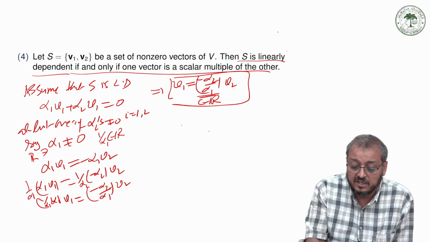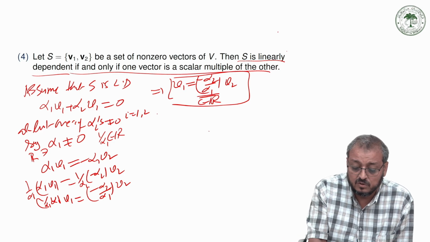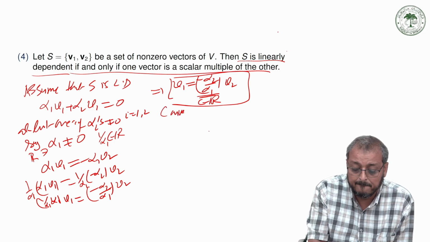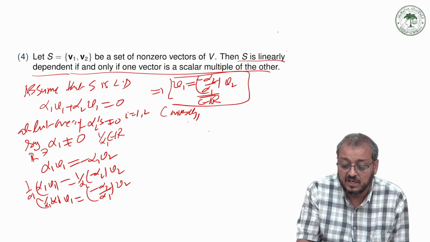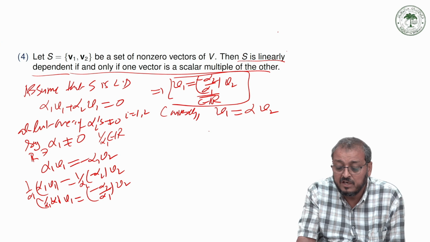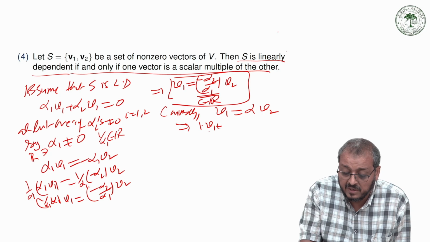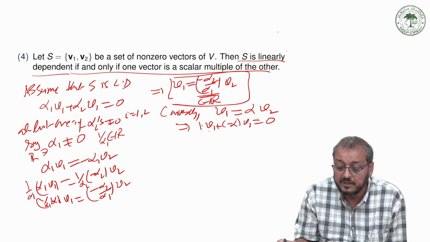Conversely, if one of the vectors is a scalar multiple of the other, we can write V1 equal to alpha times V2, and this can be written in the form 1 into V1 plus minus alpha times V2 is equal to the 0 vector.